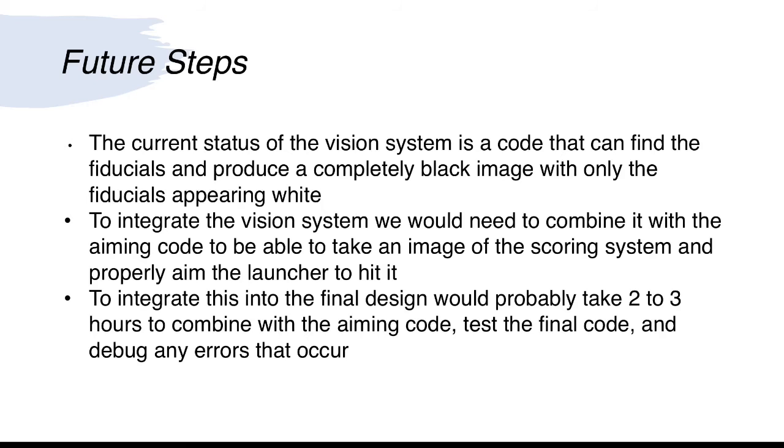To integrate the vision system, we would need to combine the final code with the aiming code so that our launcher would be able to identify the target, see the fiducials, determine what angle it needs to be launched at, and then finally launch the ball. For this to be done, it would take probably 2 to 3 hours to combine the code and test it out and debug anything that happens that would be detrimental to our final design.